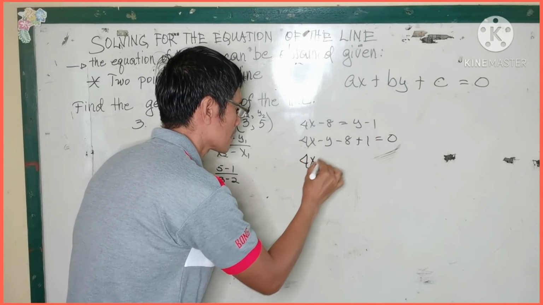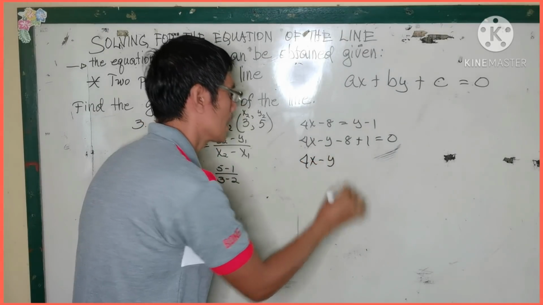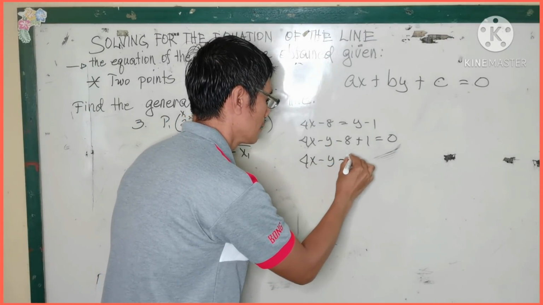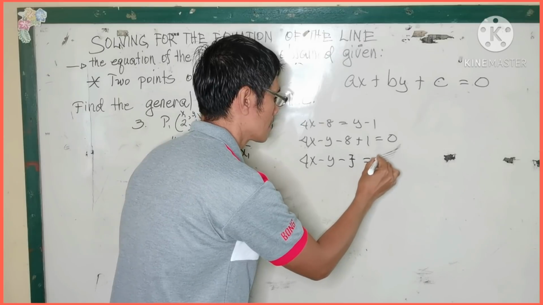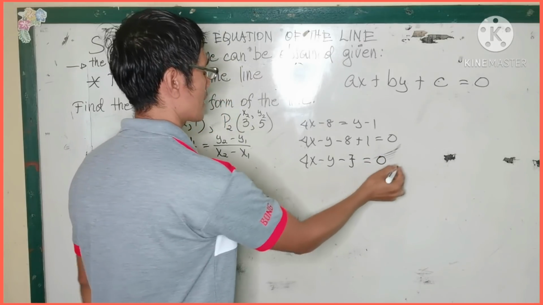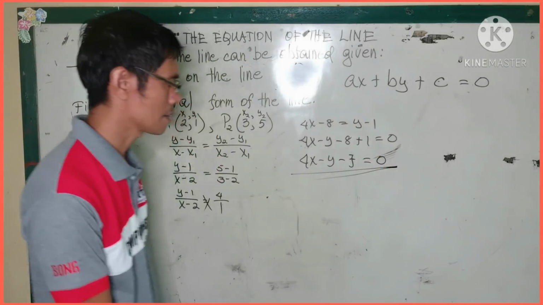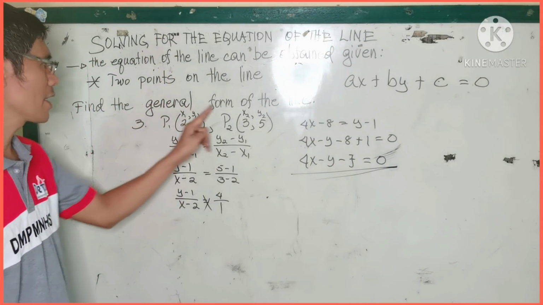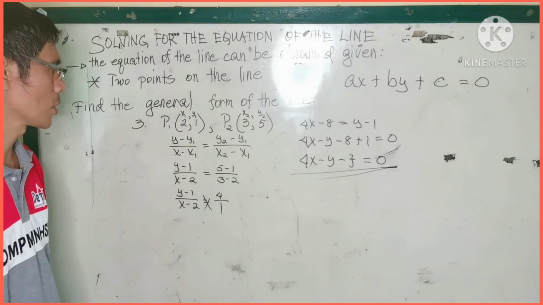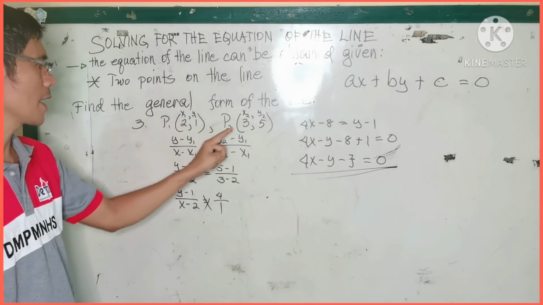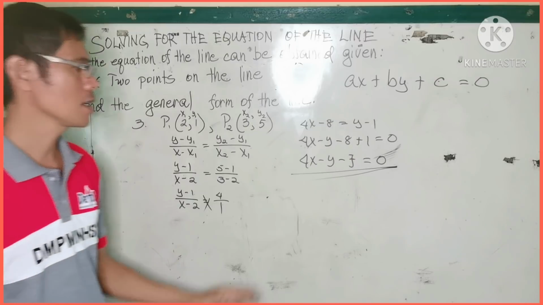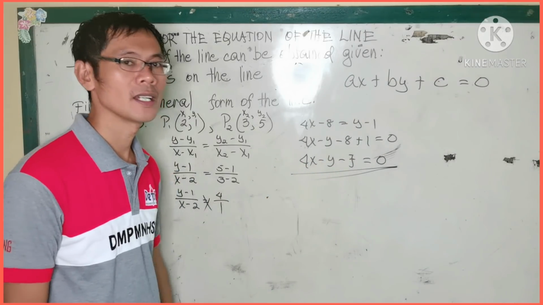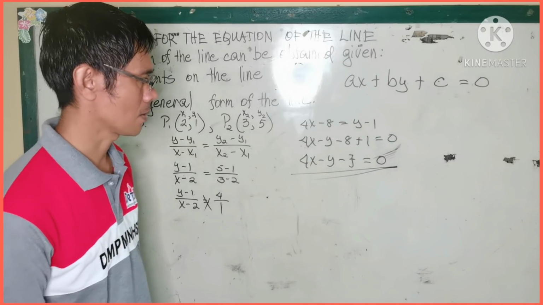So 4x minus y, negative 8 plus 1 is negative 7 equals 0. So that's now the final answer. So the equation of the line in general form passing through 2, 1, and 3, 5 is equal to 4x minus y minus 7 equals 0.